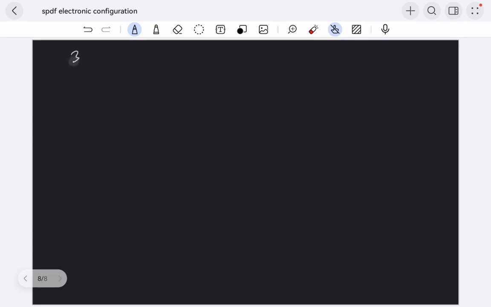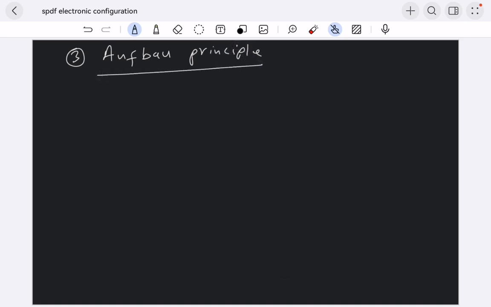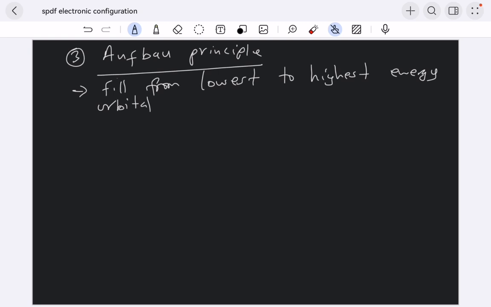Then the last principle is called the Aufbau principle. The Aufbau principle states that we fill from lowest to highest energy orbitals as per the sequence above.